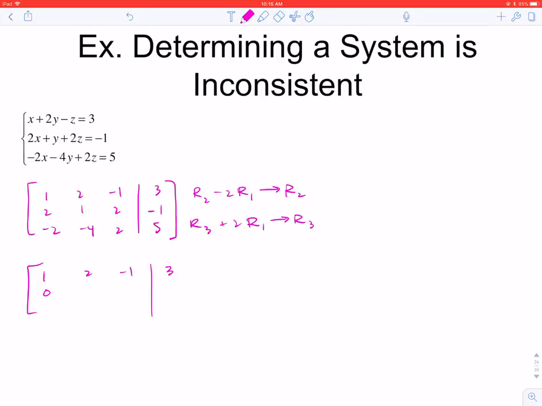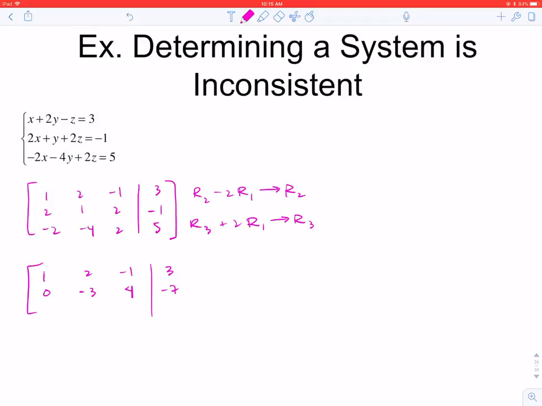One minus 2 times 2 will be -3. 2 minus 2 times -1 will be 4. And then -1 minus 2 times 3 will be -7.